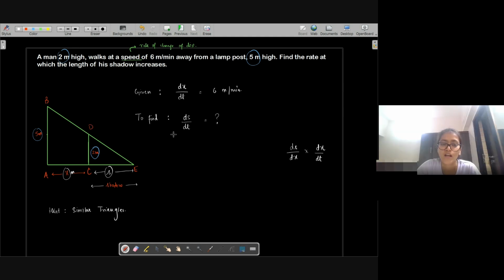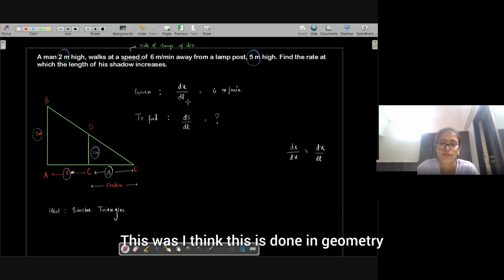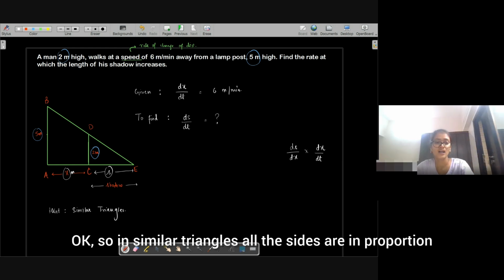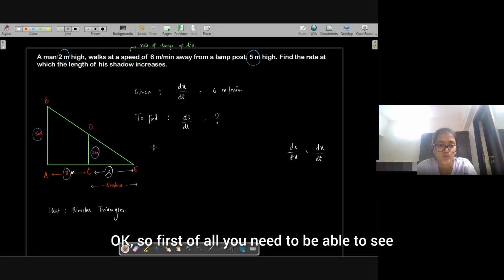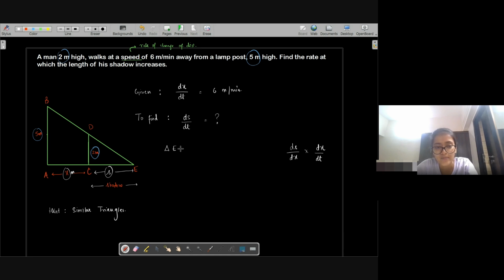Do you remember the properties of similar triangles? I think this is done in geometry. Yes. In similar triangles, all the sides are in proportion. First of all, you need to be able to see that the small triangle ECD is similar to the big triangle EAB. They have a common angle and a right angle.